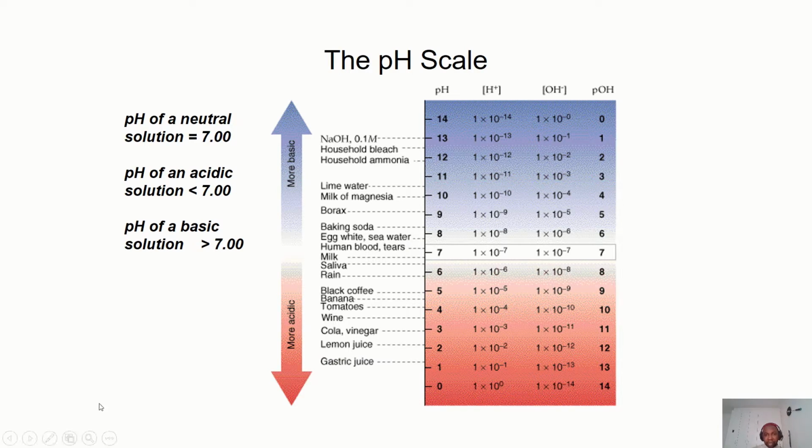For the pH scale, you can see the red part is the acidic part and the blue part is the basic part. When a substance has a pH of around 2 or 3, you know they are acids.